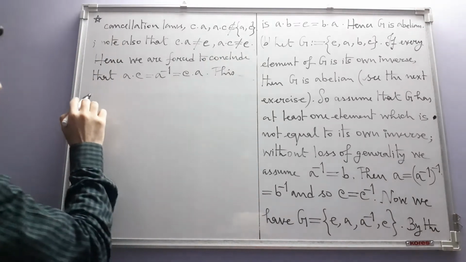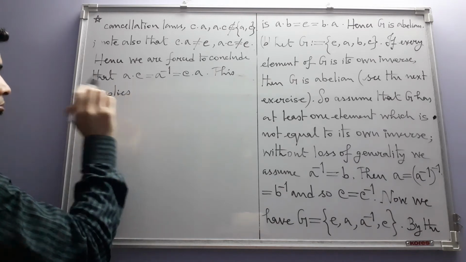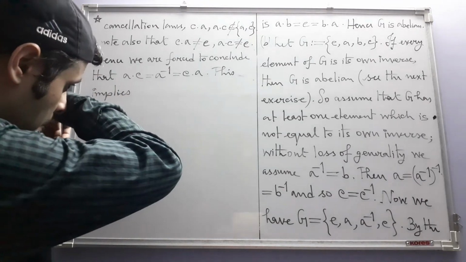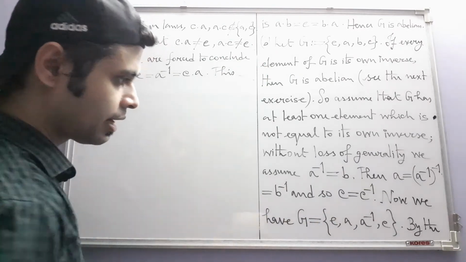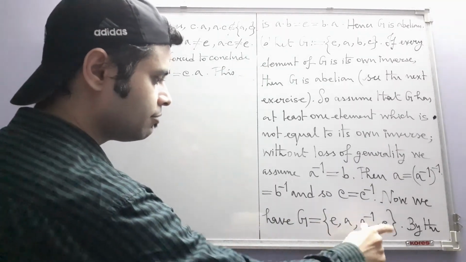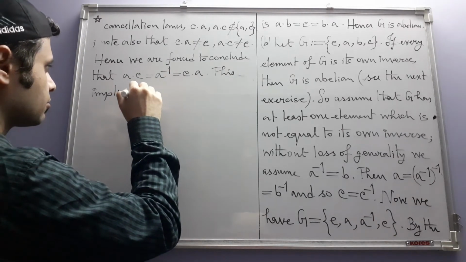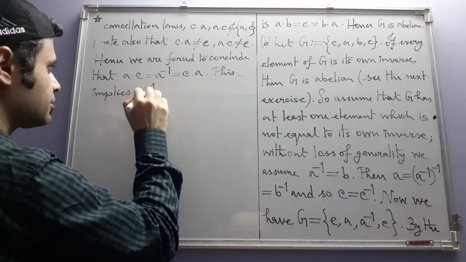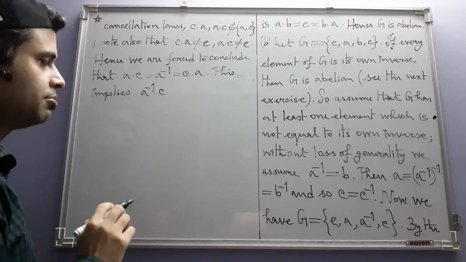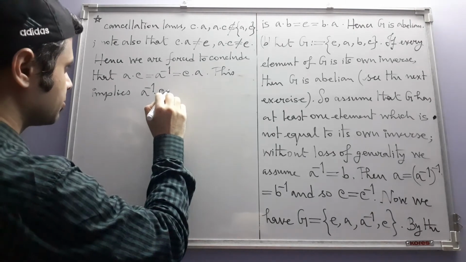This implies A and C are commuting. Now next we want to show that A inverse and C are commuting. A inverse dot C has to be shown to be equal to C dot A inverse.